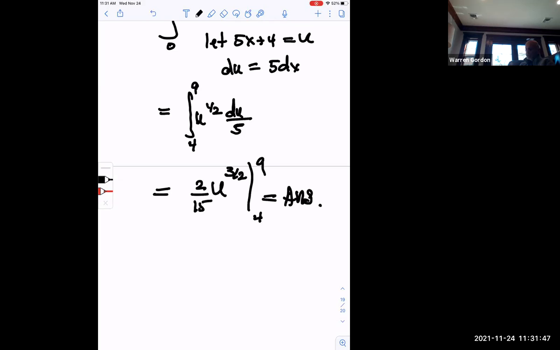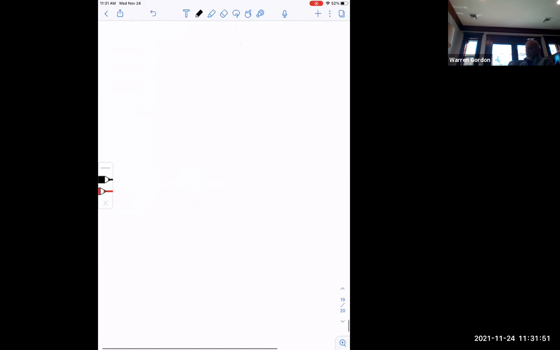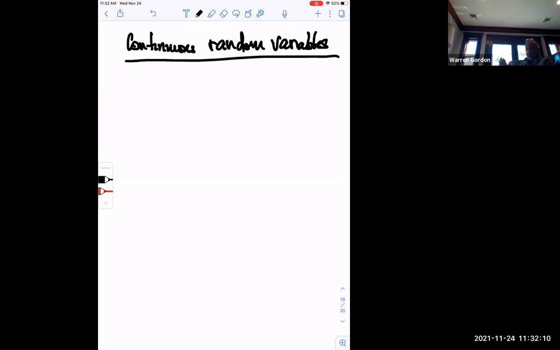Now, why is all this important? Because now we want to talk about continuous random variables. Up until this point in the course, we've been talking about discrete random variables.